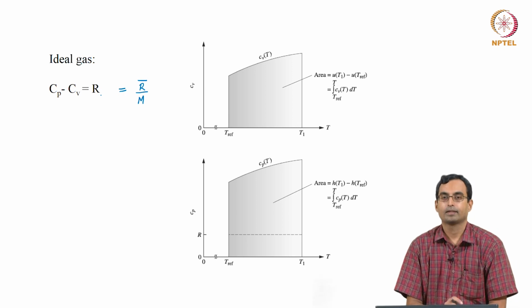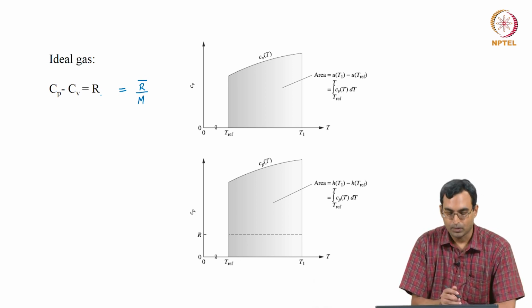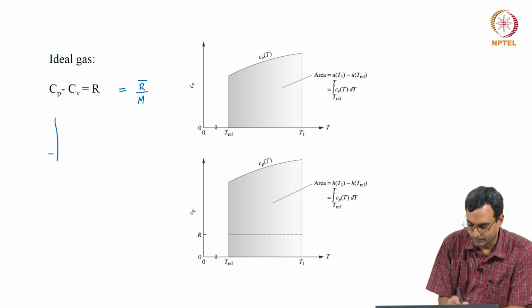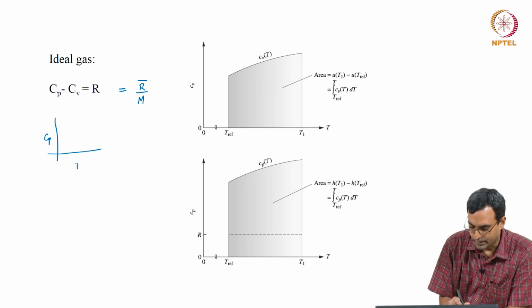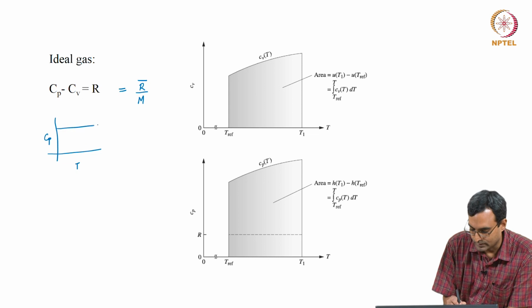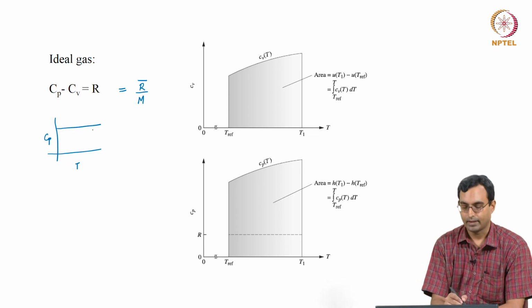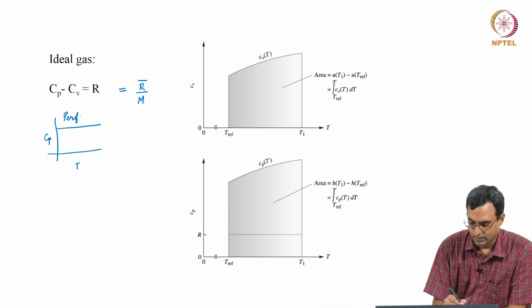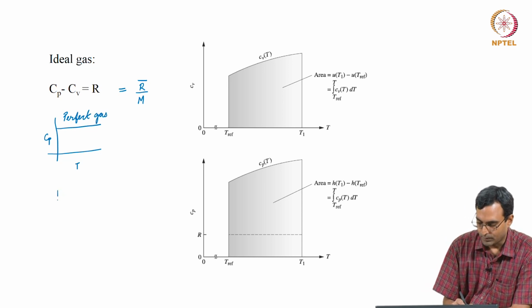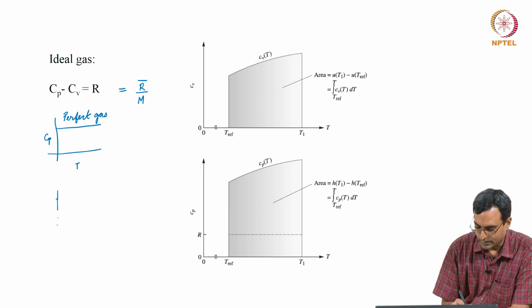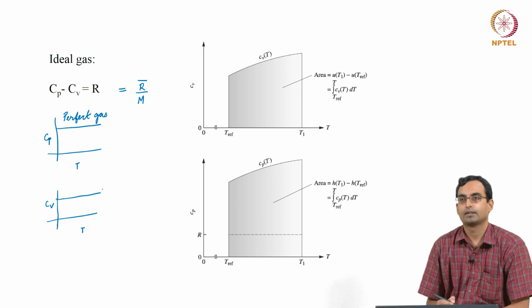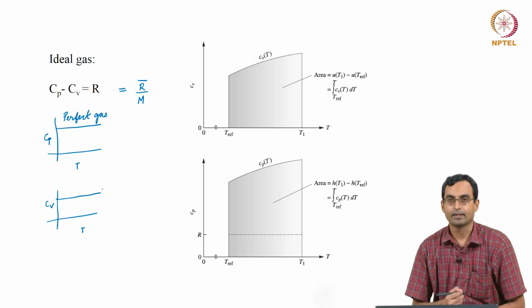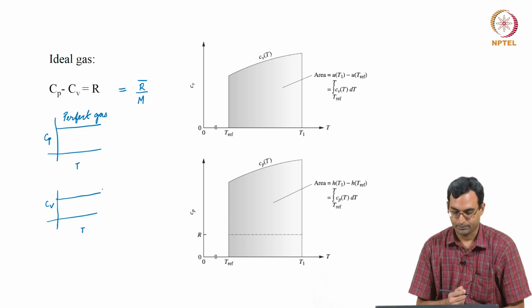And in those cases, if I plotted Cp as a function of temperature, I would get a horizontal line, because for a perfect gas, Cp does not change with temperature. Similarly, if I was to plot Cv versus T for a perfect gas, it would also be a horizontal line, because Cv is a constant for a perfect gas and does not change with temperature.